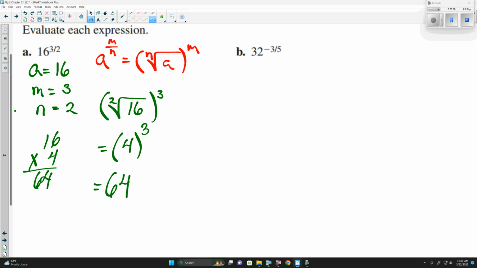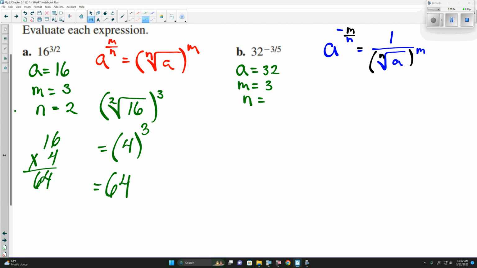Now for the other one, 32 to the negative 3/5 is the same as our a to the negative m over n. Now this can be rewritten as 1 over the nth root of a to the mth power. And for this one, our a is 32, our m is 3 and n is 5.